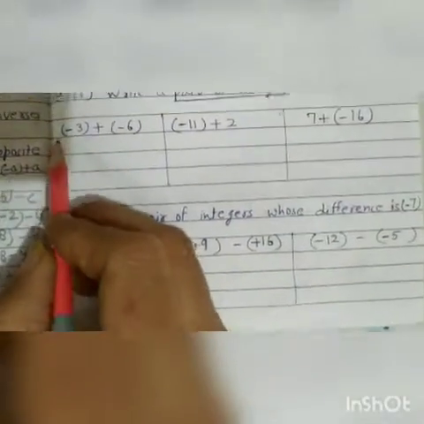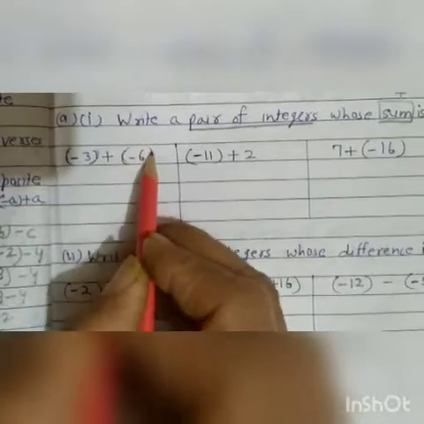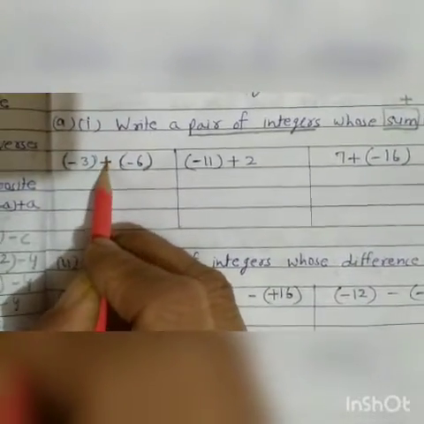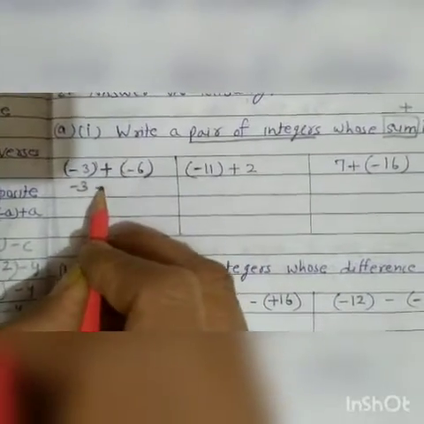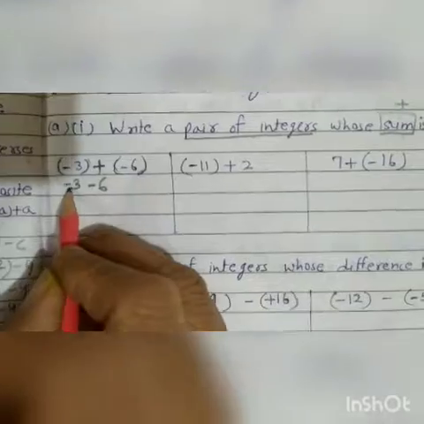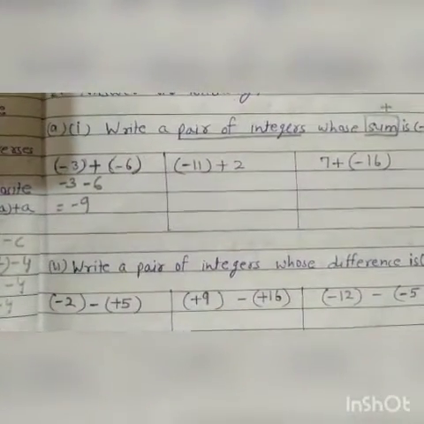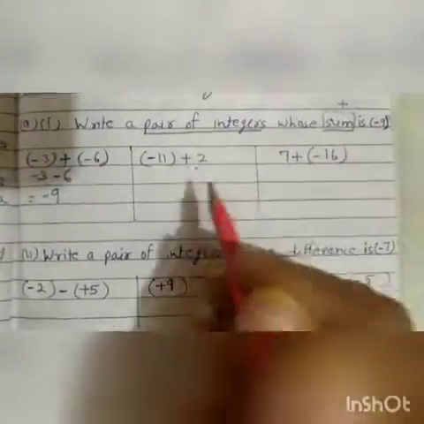See here. If we write the first integer minus 3 and the second integer minus 6, and in between them we put a plus sign, then when we solve it, we get minus 9. Clear? This is the first answer. See the second one.